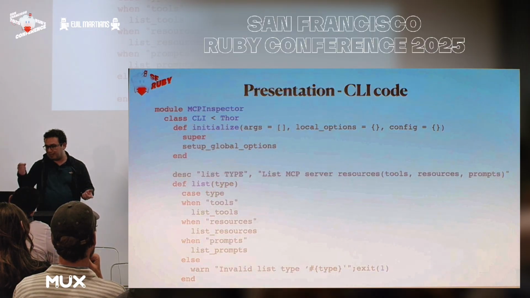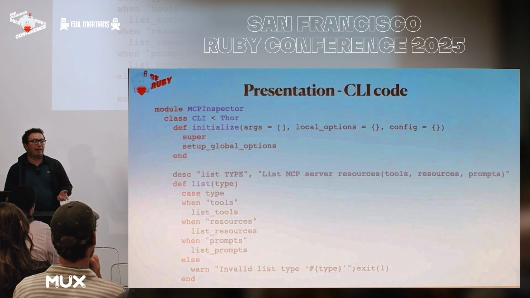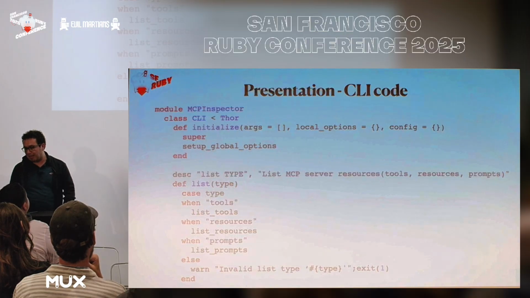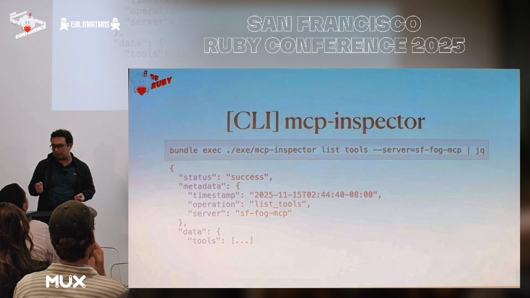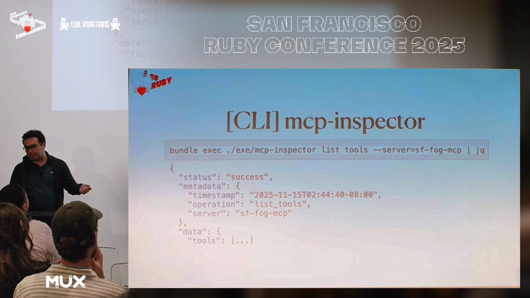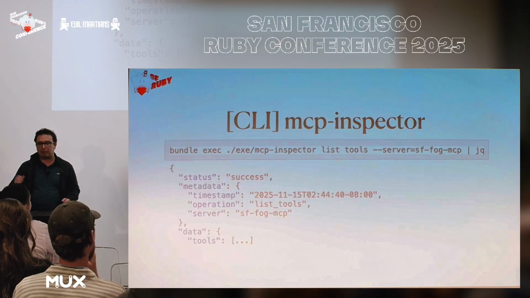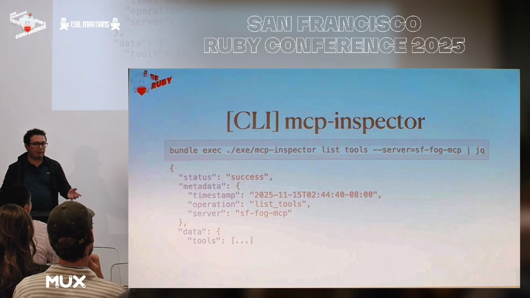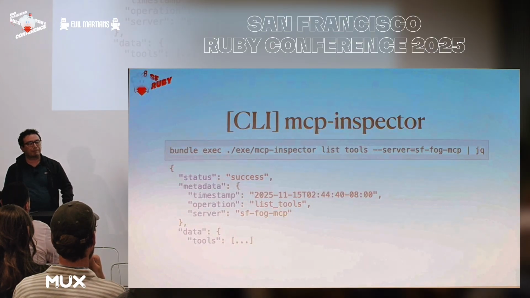In this case, it's list, and I want to say, what do you want to list? Tools, resources, or prompts? That's the main code for the CLI. And here's an example of how calling that would look. You run bundle exec, there's an exec area in the gem, mcp inspector list tools. And in this case, we're listing the tools that we have on the MCP server that we created, right?